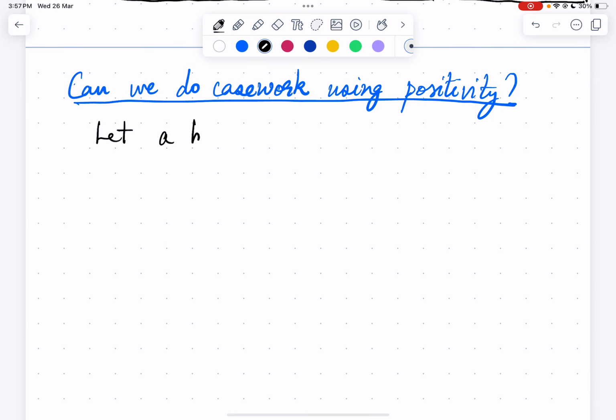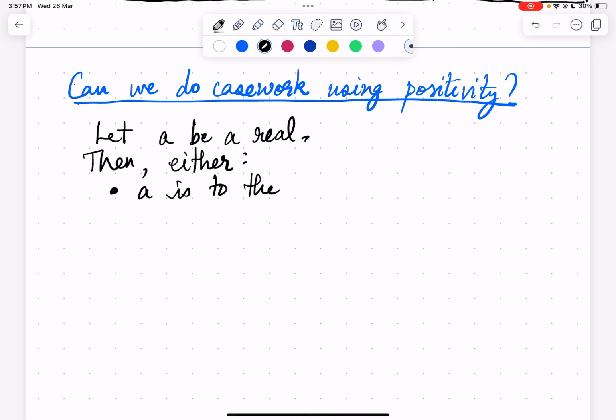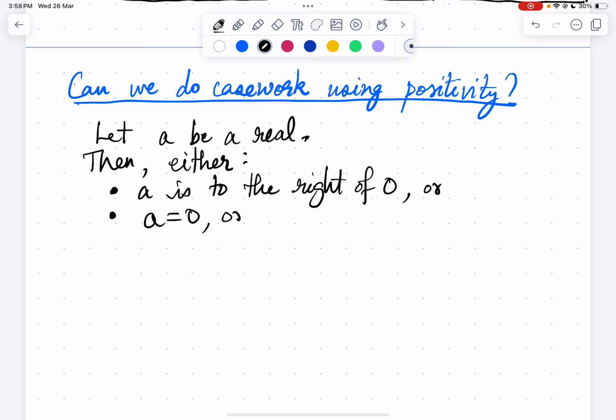Let A be a real. Then, let's begin with to the right of 0, A is to the right of 0, or A is equal to 0, or A is to the left of 0.